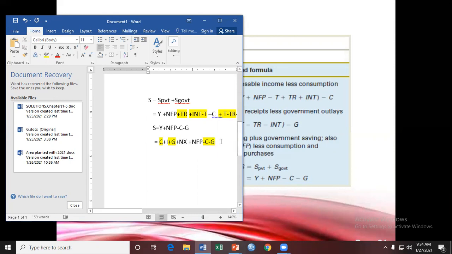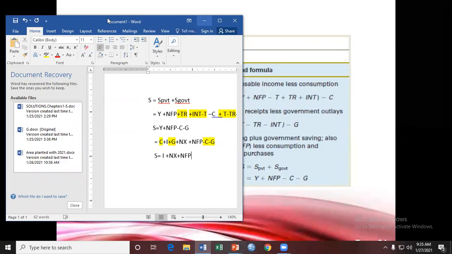So national saving, S, is equal to I plus NX plus net factor payment.